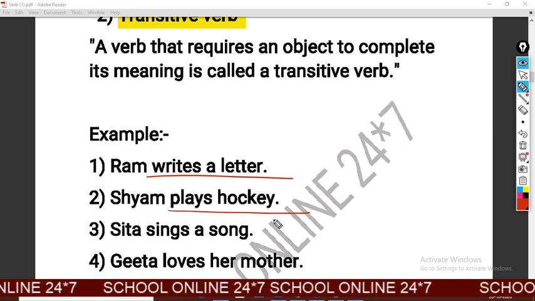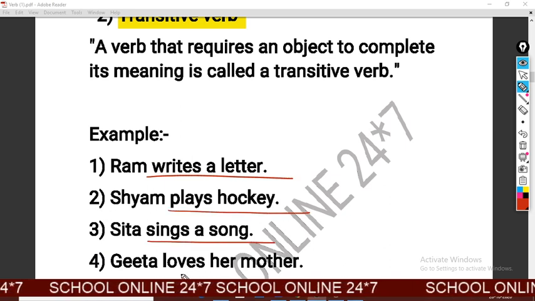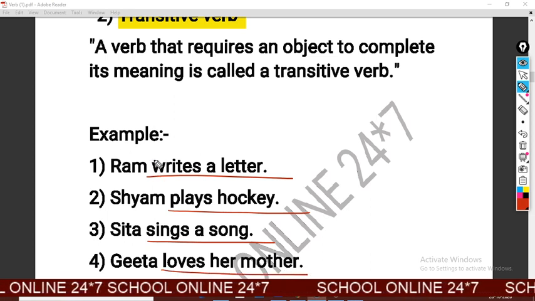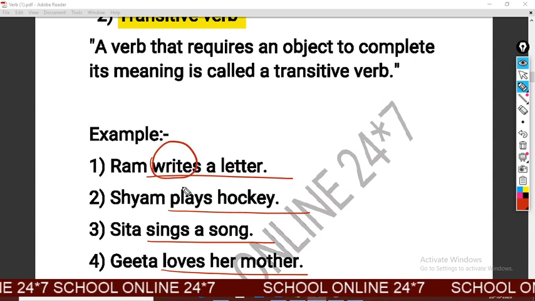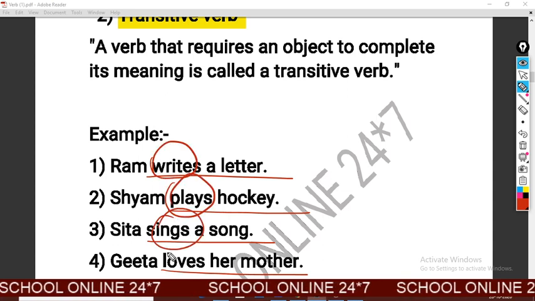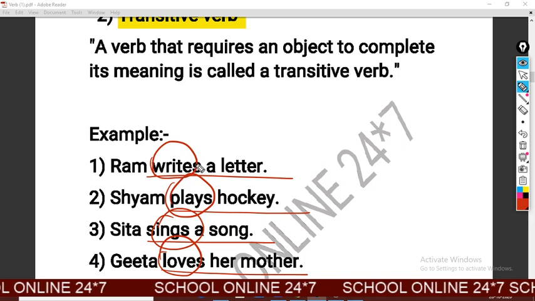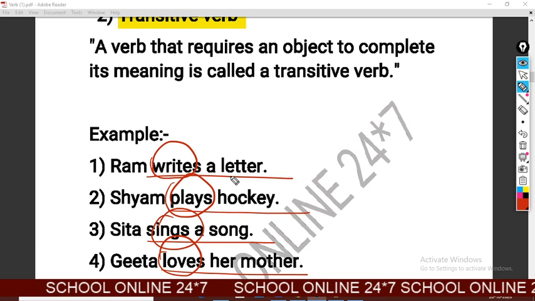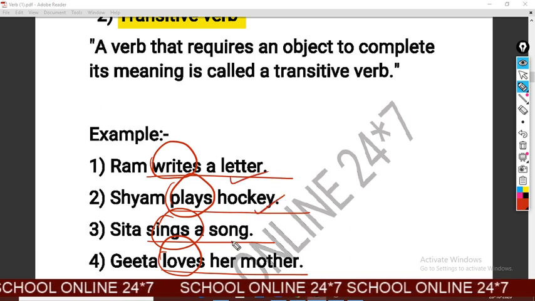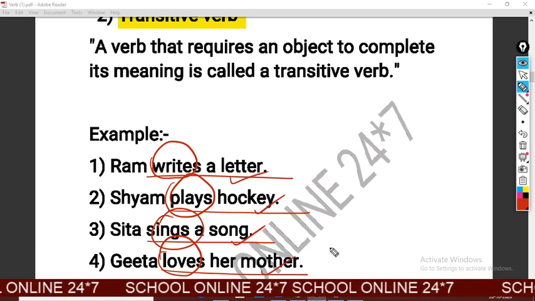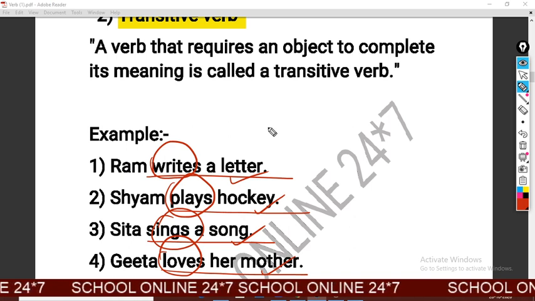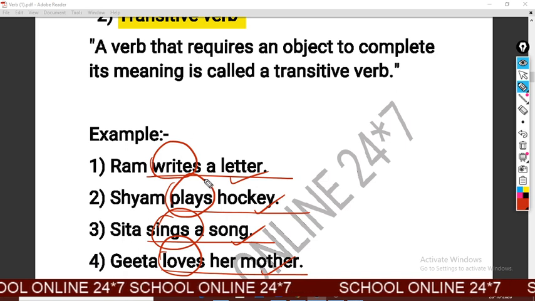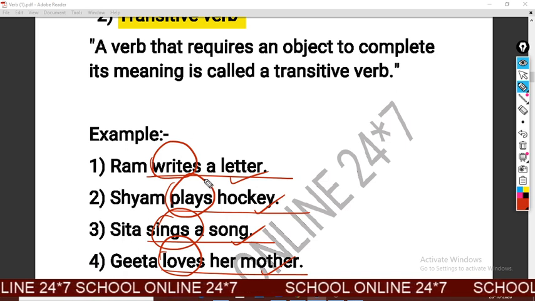Shyam plays hockey. Sita sings a song. And Geeta loves her mother. In these examples, writes, plays, sings, and loves are all verbs and all have an object with them. So these verbs are transitive verbs. Means a transitive verb has an object to complete its meaning.